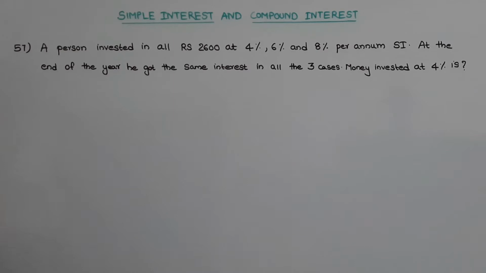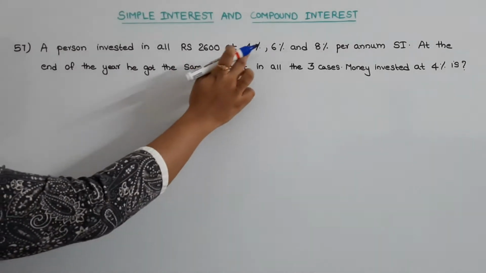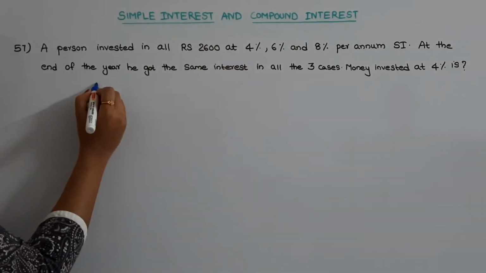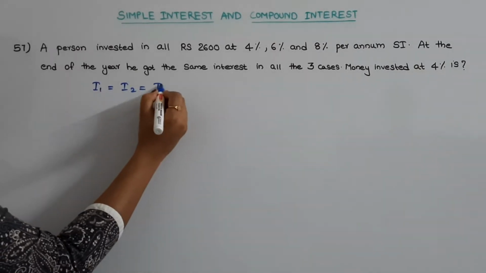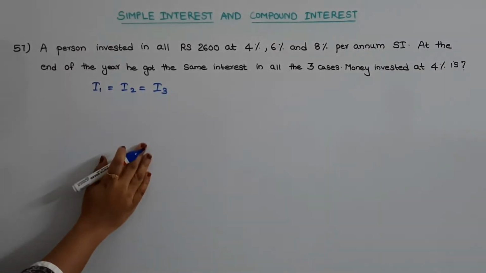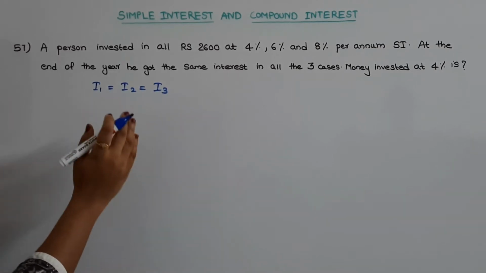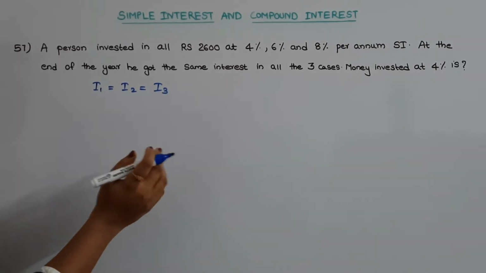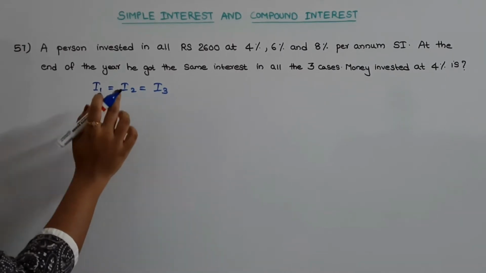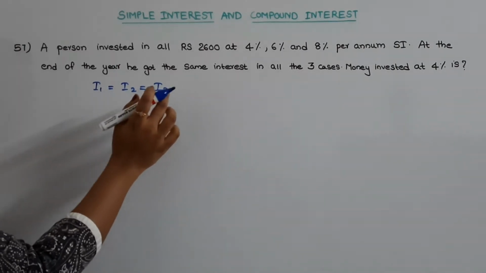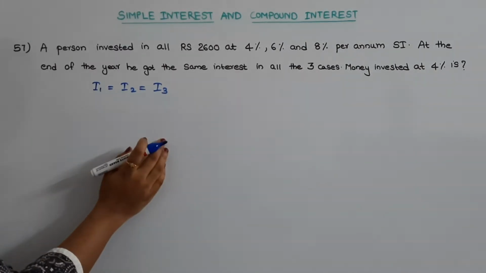In this question they are telling that interest is the same in all the three cases. So we can write it as I1 = I2 = I3. And we know that simple interest is equal to PRT by 100. So we can write this as P1R1T1 by 100 = P2R2T2 by 100 = P3R3T3 by 100.